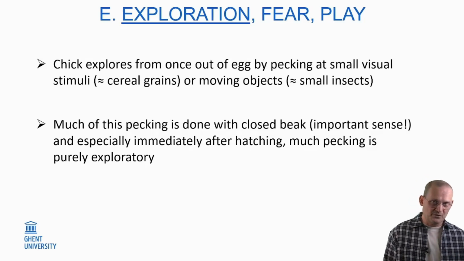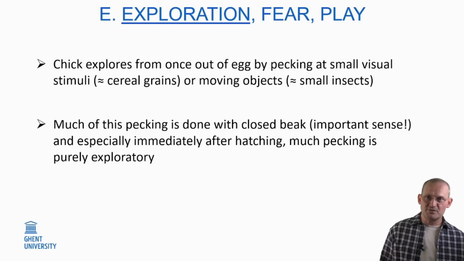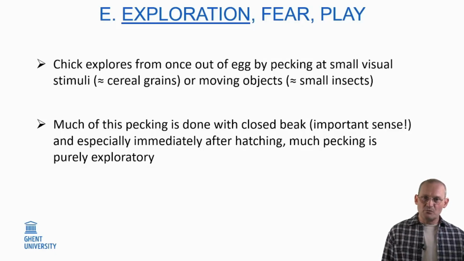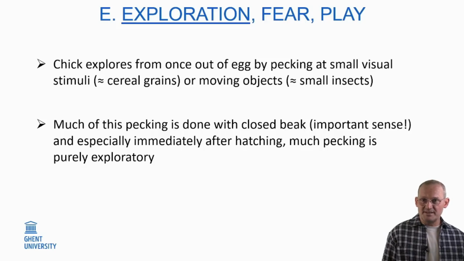We know that, of course, exploration is very important as soon as the chick hatches, and then they start to peck at even small visual stimuli, for example, because they represent something that is edible, like grains, or a moving object that could also be very interesting, like a small insect for consuming. But a lot of that pecking of the newly hatched chick is done with a closed beak, so it can't actually consume the thing, but it is an important sense, the beak.